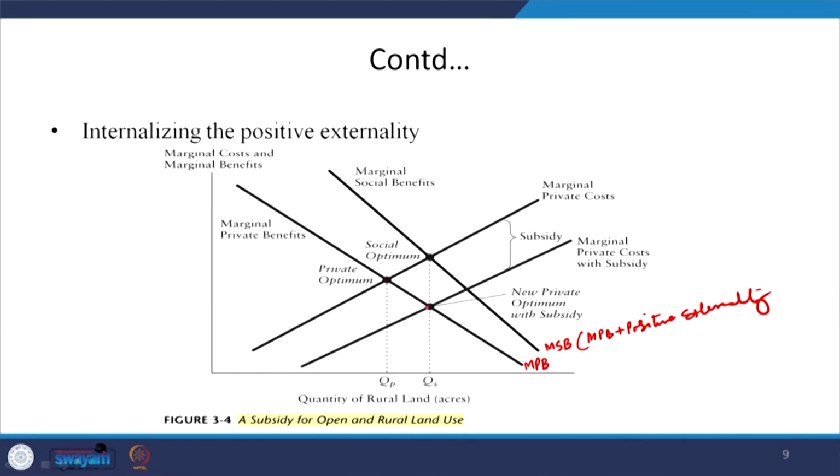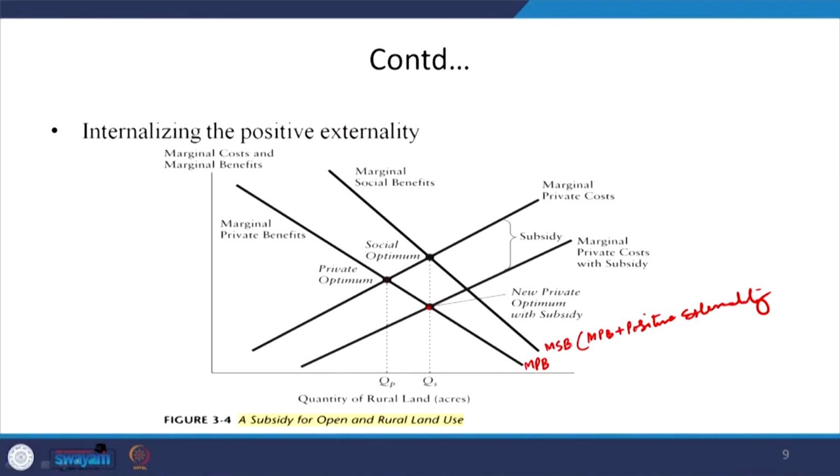This point is where the subsidy is given, and a subsidy may be given by the government to promote green products, to generate social welfare in the economy. For example, the government can provide a subsidy on organic farming, and that will generate positive externality.